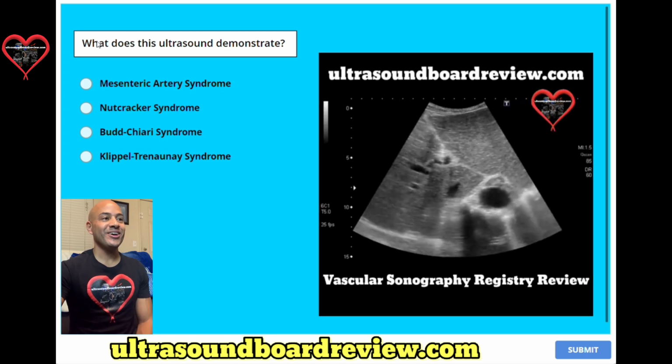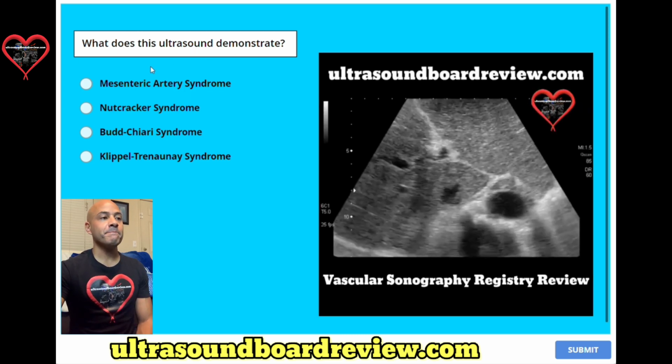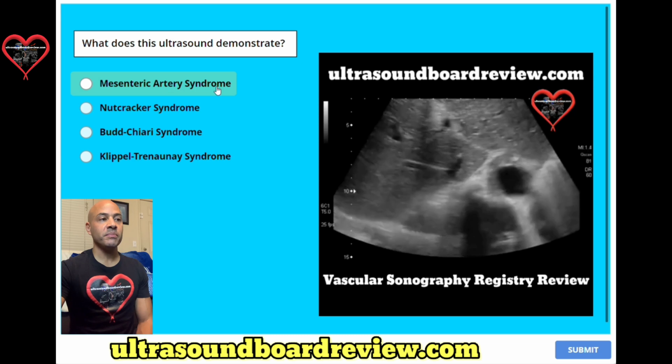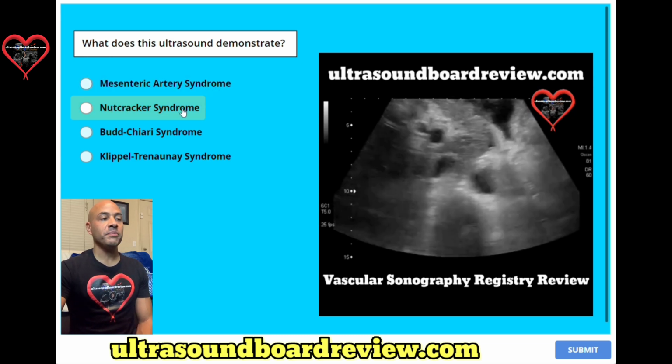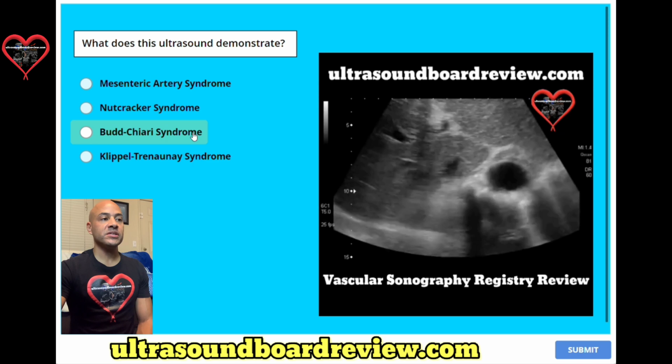Question 110. What does this ultrasound demonstrate? A, mesenteric artery syndrome. B, nutcracker syndrome. C, Budd-Chiari syndrome?